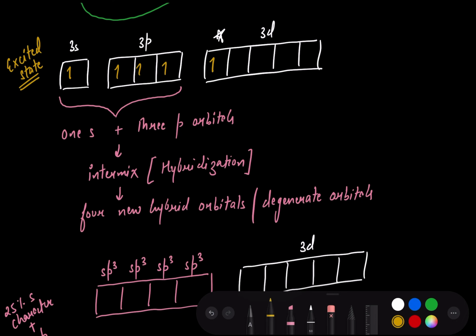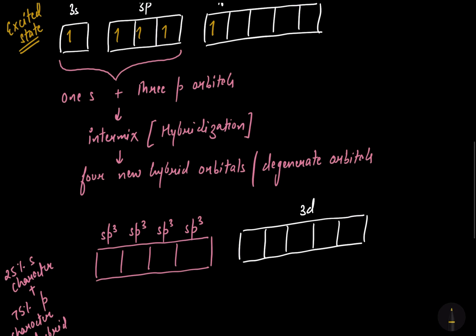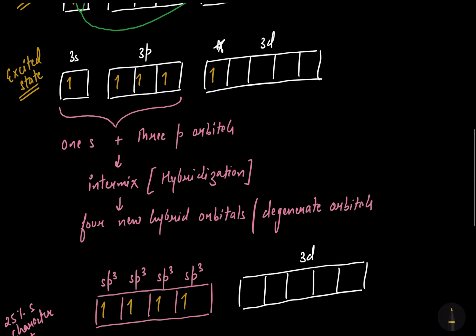That means we have to fill a total of 4 electrons in sp3 hybrid orbitals. So we will fill those 4 electrons according to Hund's rule. So firstly, all the orbitals will get 1 electron each. If there is availability of electrons, after that pairing will start. Now 1 electron was in 3d, so we are filling 1 electron in 3d over here.